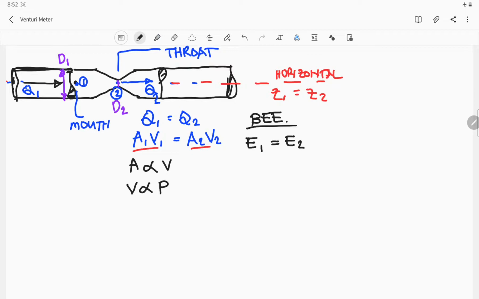The total energy at point 1 is the energy due to pressure, which we can write as pressure head, plus the velocity head, and plus the elevation head. Assuming there are no losses between point 1 and point 2, we can simply say E1 is equal to E2. We can also write the sum of the total energy at point 2.